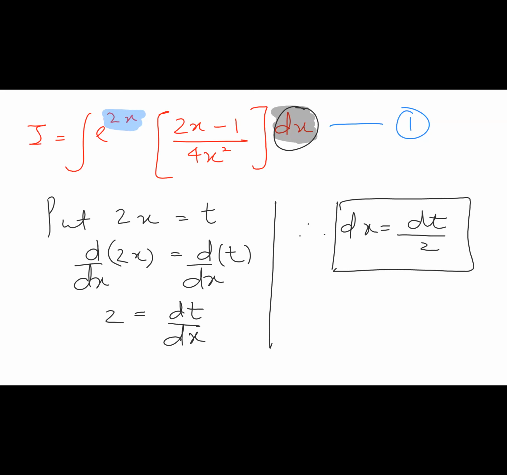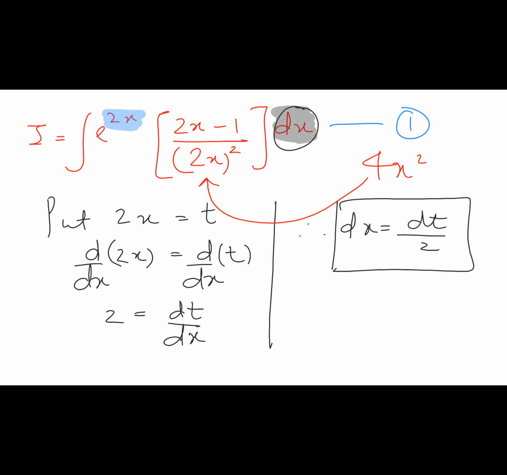First of all, in the main question, I replace the 4x square as 2x the whole square. In the main question, I had 4x square. I'm changing it to 2x the whole square. Are you getting the point? Will you make that change by writing one more step after equation number 1.